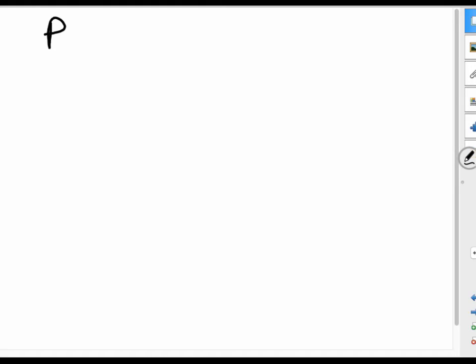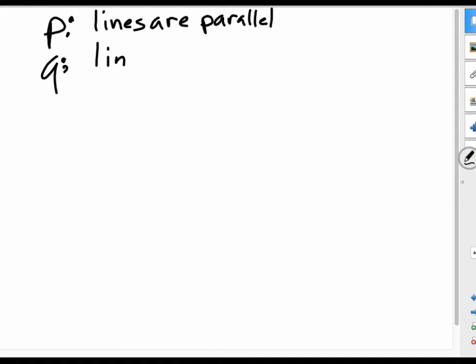Take the statement P, lines are parallel. I guess there's nothing stopping me from doing it. And then Q would be lines are perpendicular to the transversal.